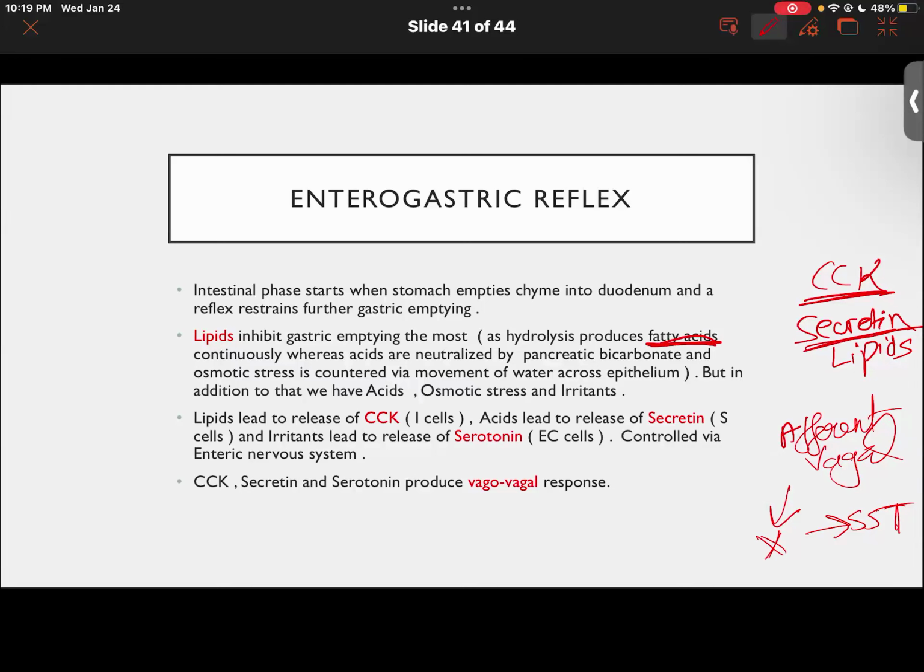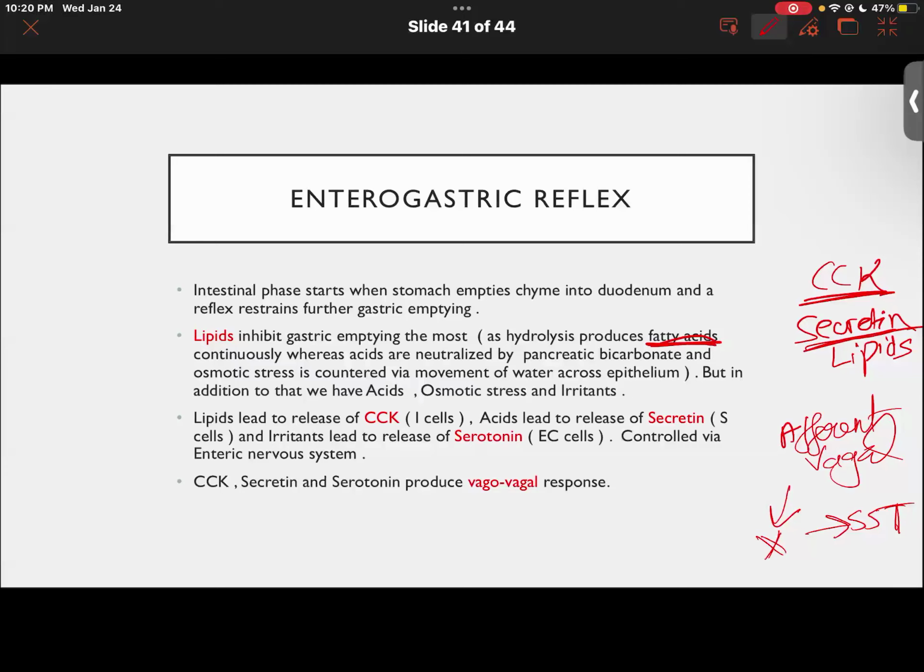They can only be broken down in the intestine. So these fatty acids inhibit gastric emptying because they cannot be stopped. We don't have a means to stop them until we reach the intestine. So the more lipids you eat, the more the gastric emptying is stopped, which is why when you eat something very fatty, you're going to see the gastric emptying is going to be stopped.